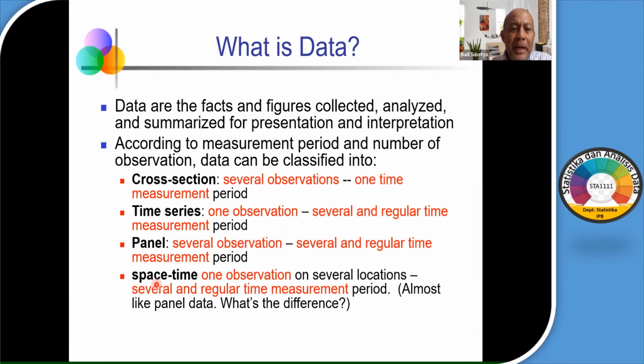The other is panel data. Panel data is the combination of cross-section and time series. Several observations, several and regular time measurement periods.